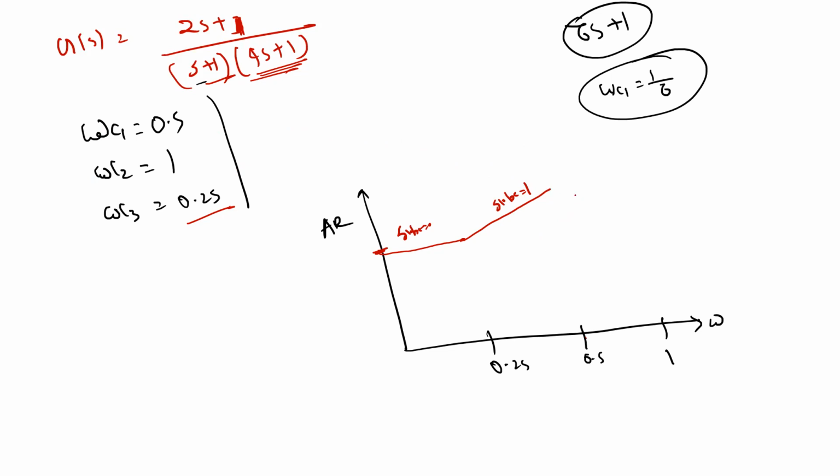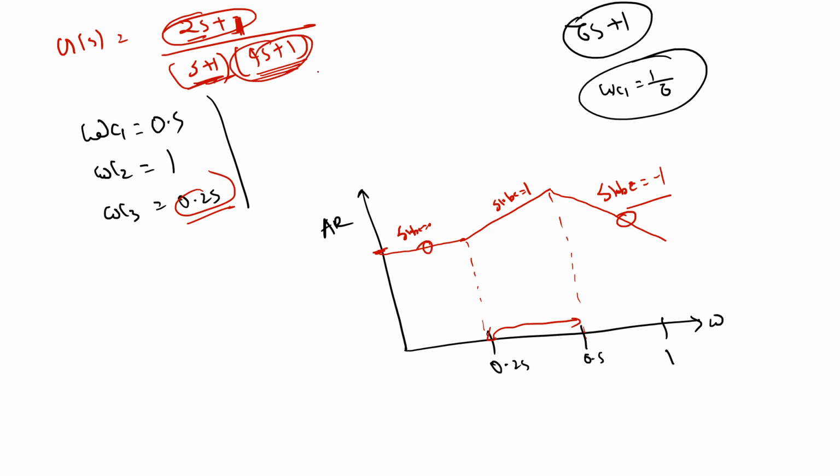So finally it will go like that only. Slope is equal to minus 1, right? Between 0 and 0.5, this integral controller will show its action because 0.25 is the corner frequency of this, and beyond that this particular term will become dominant.